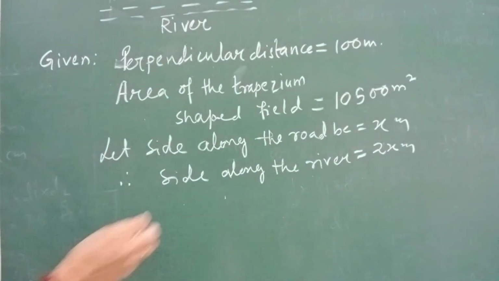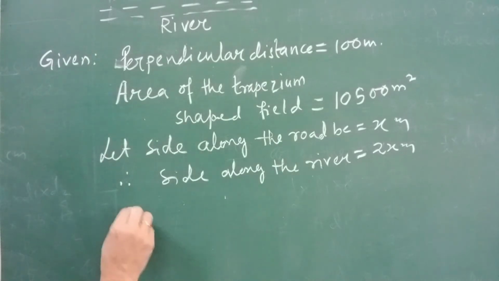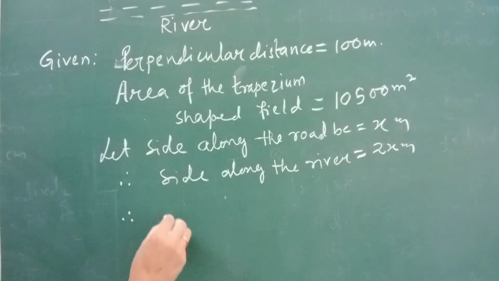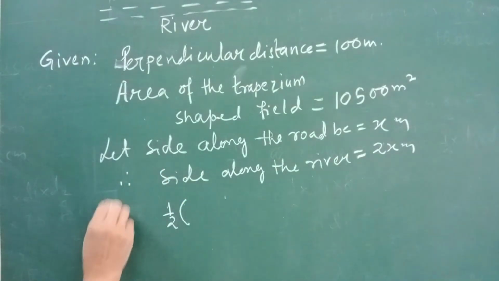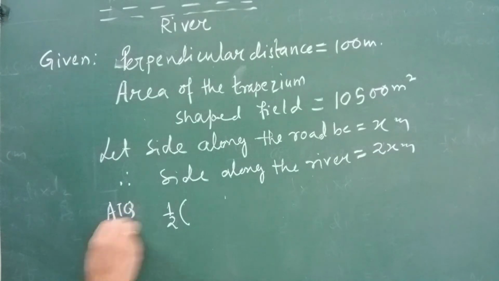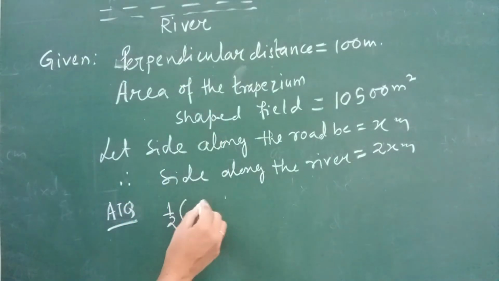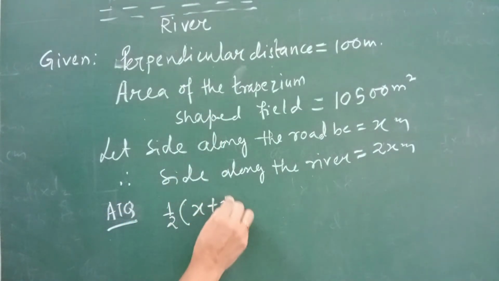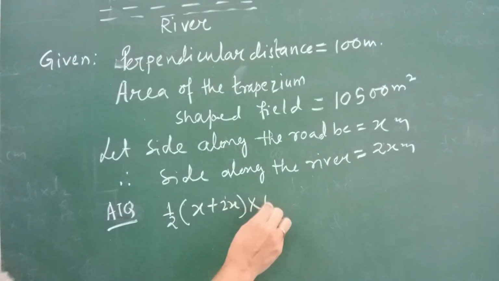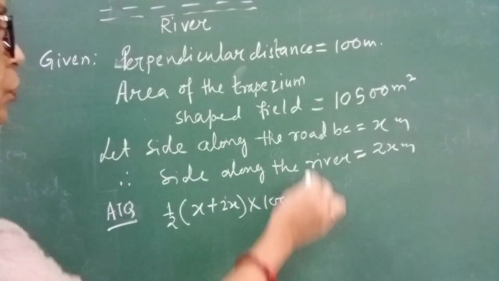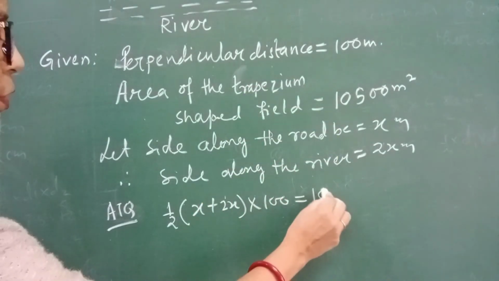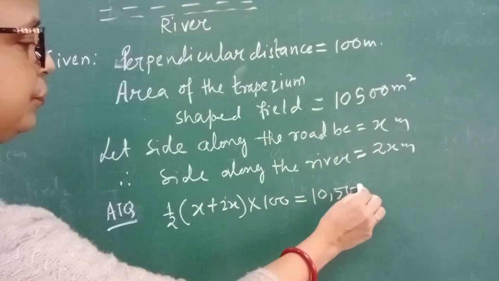Therefore what can we do? Area of the trapezium is equal to half into the sum of the parallel sides. According to the question, half into the sum of the parallel sides, x plus 2x, into height. Height is 100 meter, equal to 10,500 meter square, which was already given.